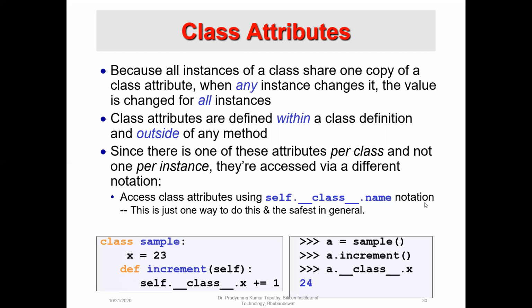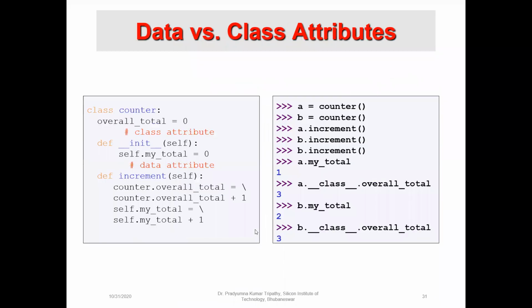For example, if I have an object A, it is incremented, I print it, it will print 24. If B is another object and I write B.__class__.x, then also it will print 24. Whether any one of these objects changes the value of x, that will be reflected in all the objects of the same class. So this is the class attribute.